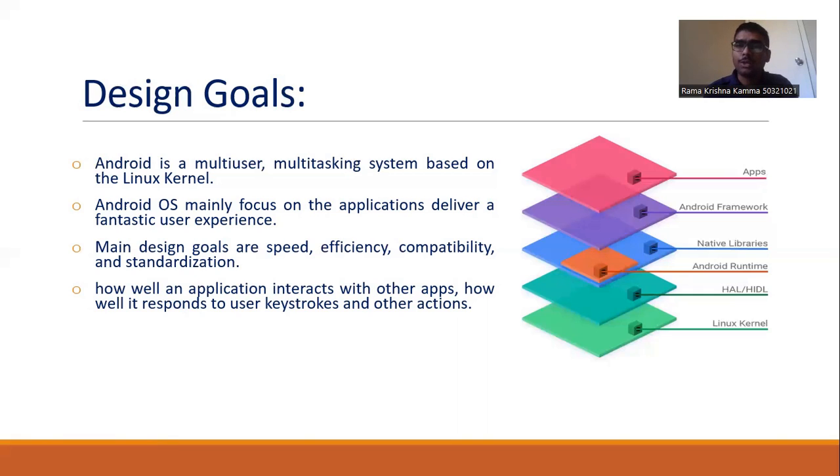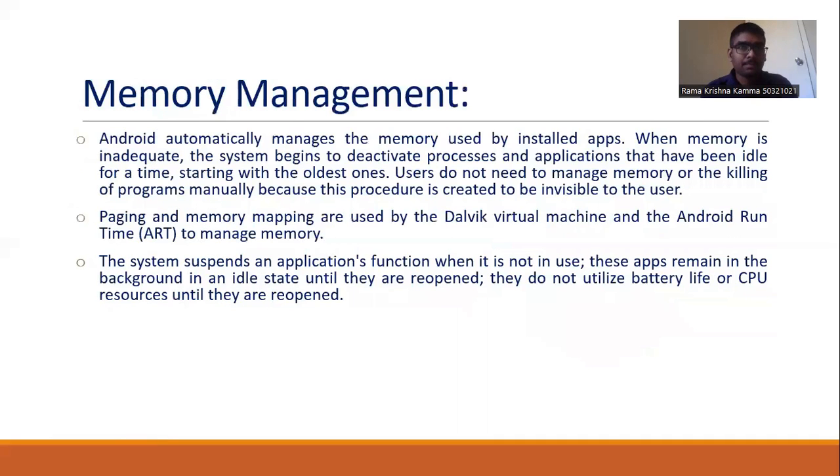When we look at the internal structure, before the app creation we need to develop the Android framework and the native libraries. Then the Android runtime, HAL, and HIDL, which is low-level code that we need to develop, and the Linux kernel. These are the various steps to develop an app. That is why, by the end of this code, we get apps like Instagram, Facebook, and WhatsApp.